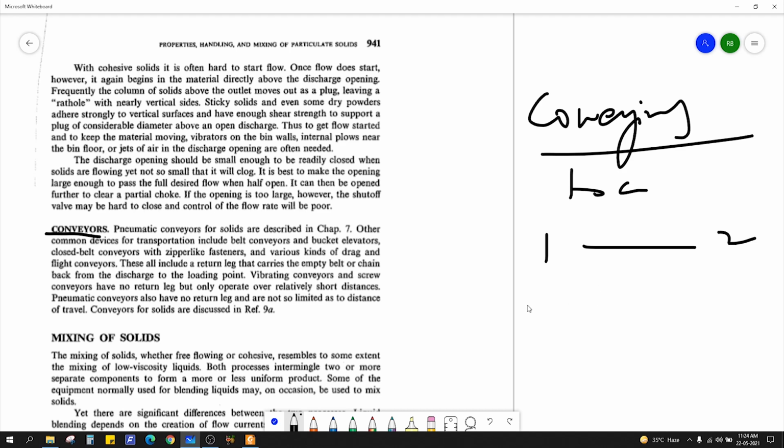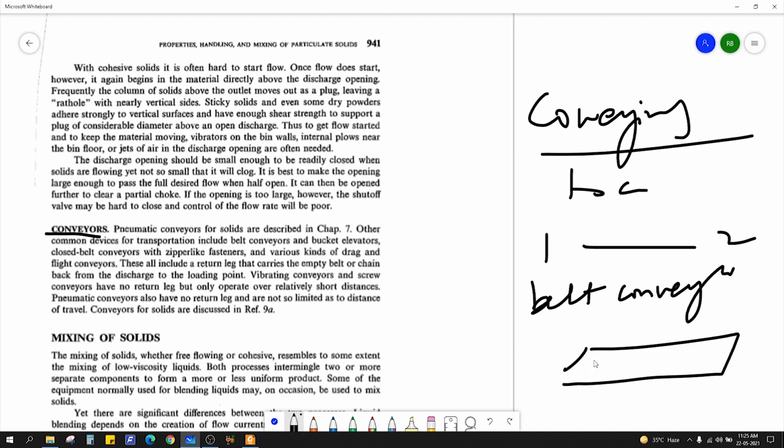We have belt conveyors. You have a belt, it moves, and the solids are put on it. There is some motor here which will rotate the belt, so the solid can be moved from here to here over long distances.